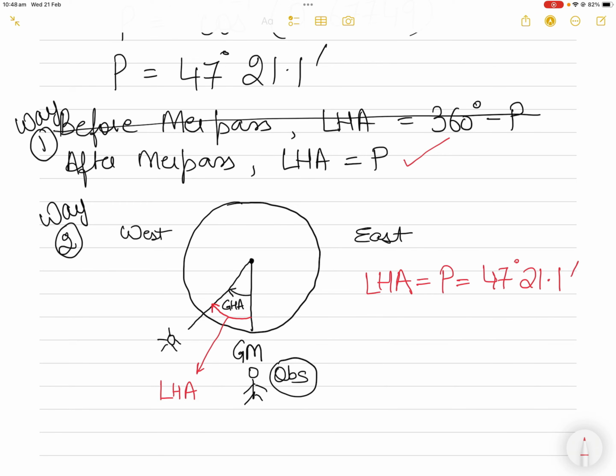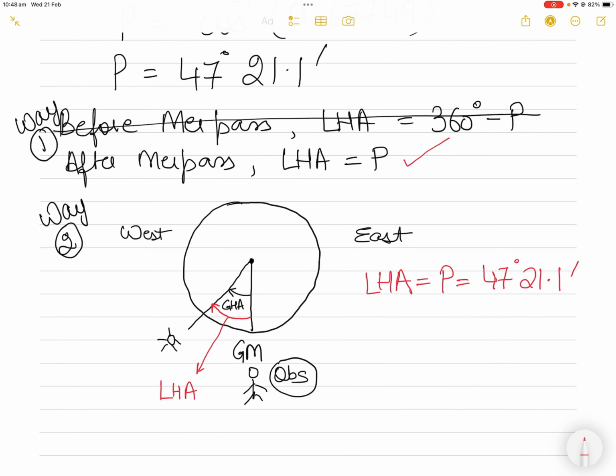Once you have confirmed this with the diagram and also the rule of meridian passage in case of sun, in case of star, moon, planet, we will only use way 2. We cannot use way 1 because we don't have an idea of when the meridian passage occurs, unless you are experts in celestial navigation, which I am not, unfortunately. Alright, so we get a brief idea of our LHA here.